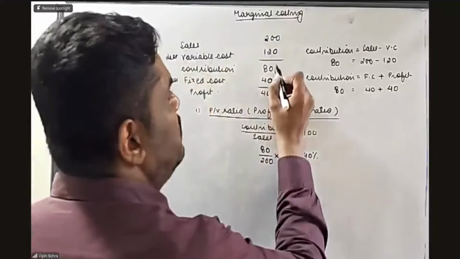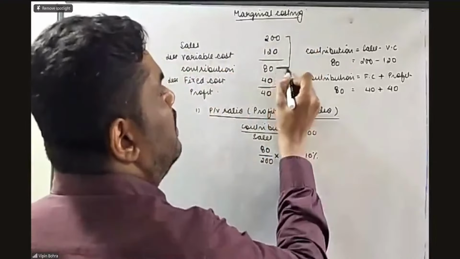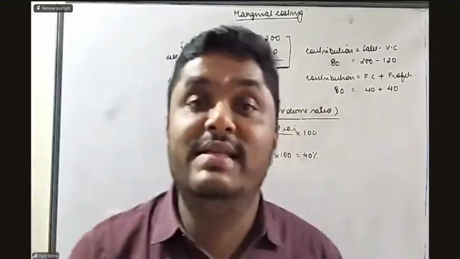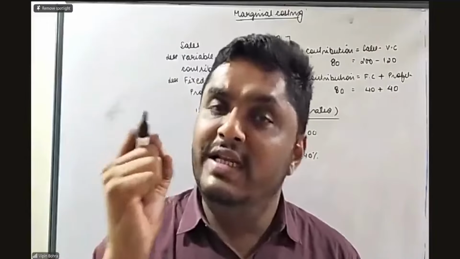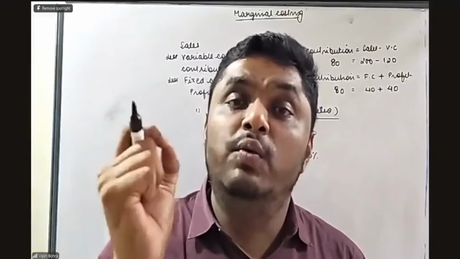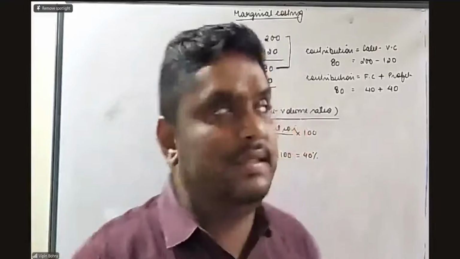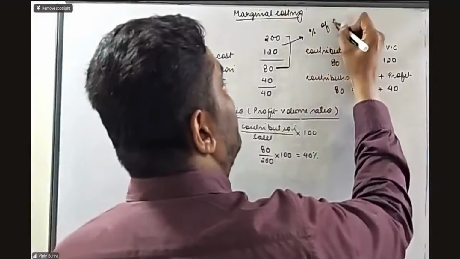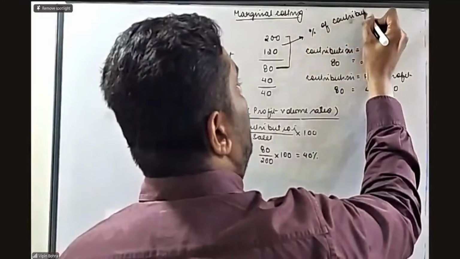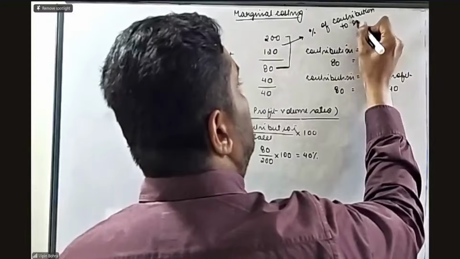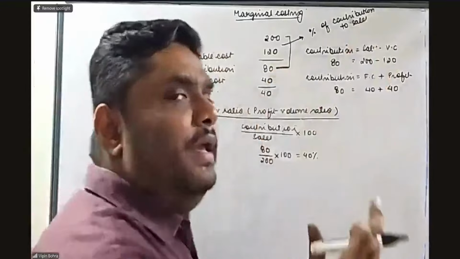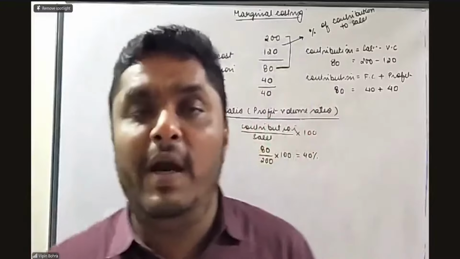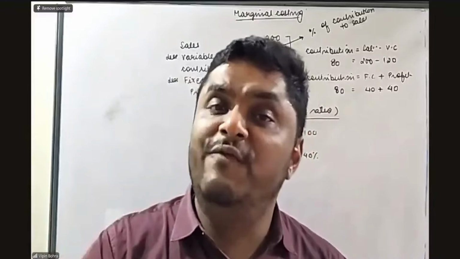So in simple language, it is the percentage of contribution to sales. जो contribution है मेरी सेल्स का कितना परसेंट है, इसको हम लोग क्या बोलते हैं, पीवी रेशियो. जैसे आपने जीपी रेशियो पढ़ा होगा, ग्रॉस प्रॉफिट रेशियो, that is the percentage of gross profit to sales.